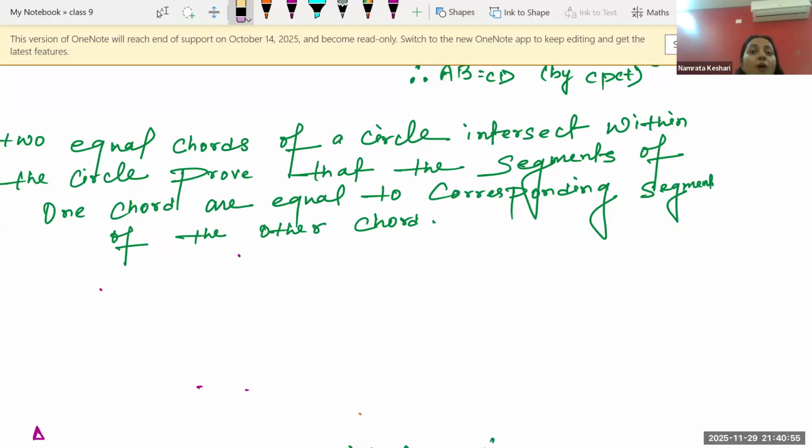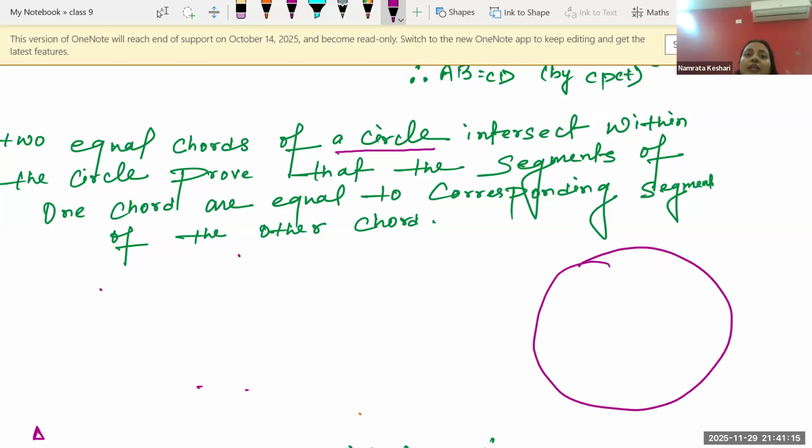Okay, of a circle is written over here. I was not understanding what the statement said, then I started reading it word by word, and till here it is clear that in a single circle two equal chords are there. Intersect.